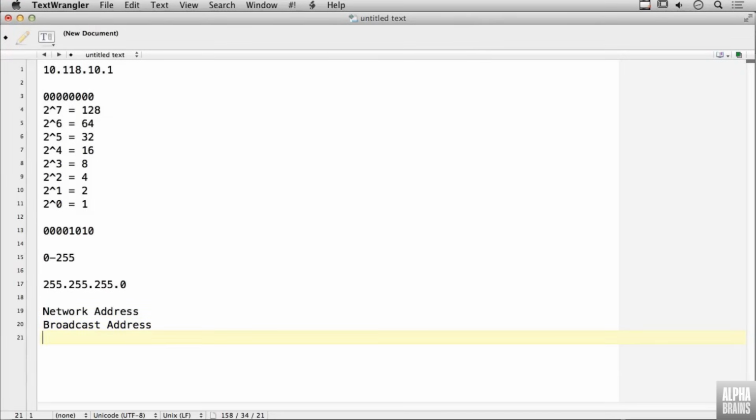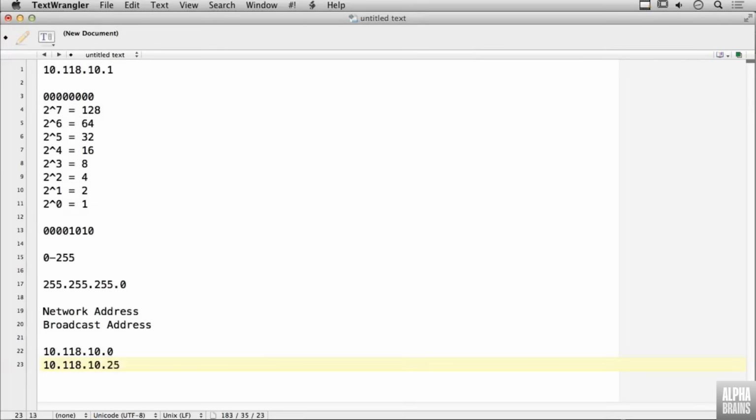Well, a broadcast address is where you would send messages that you want to go to everybody on that particular network. So the low end of any particular network is the network address. So in the case of the example that we were using above, this would be the network address, 10.118.10.0. And the broadcast address, not surprisingly, is the very top end.